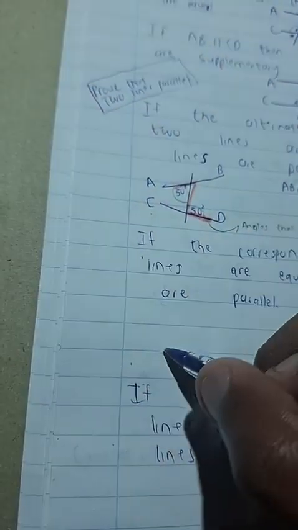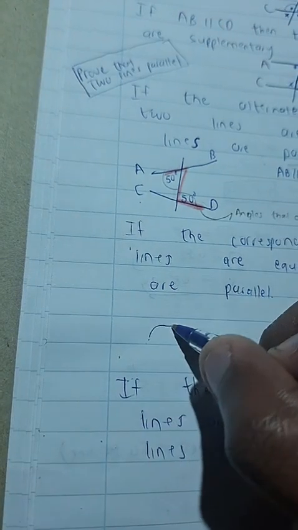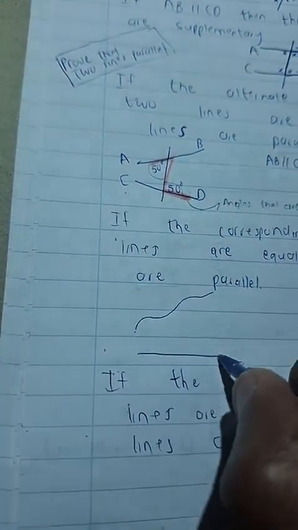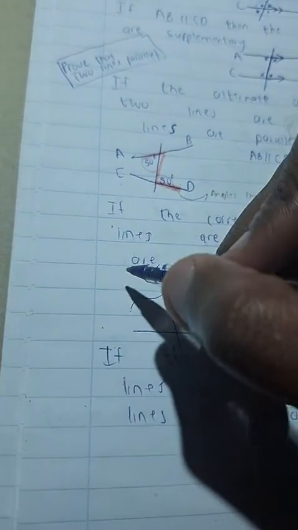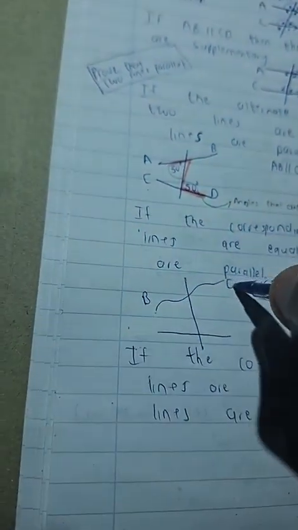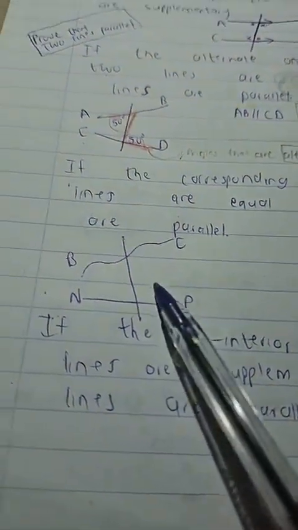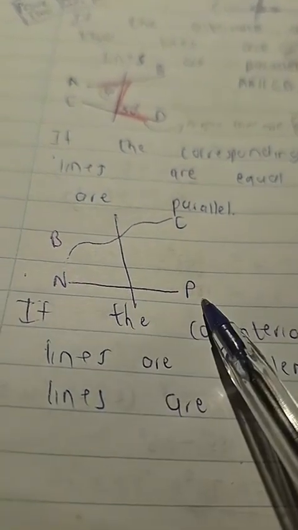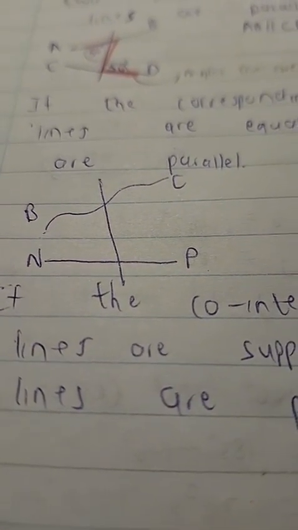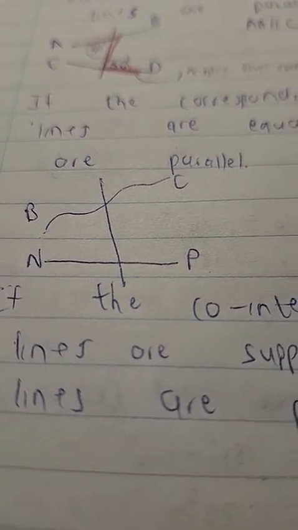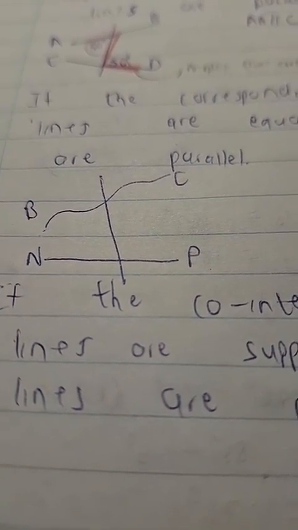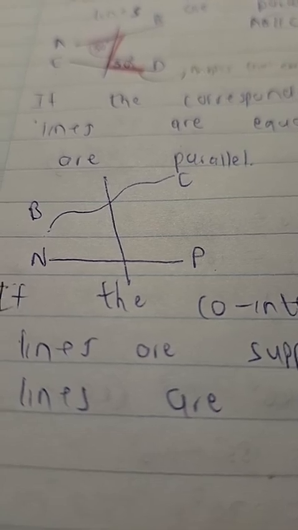So check me out again. So I'm asking this question. Is BC and NP parallel lines? When you look at them, is BC and NP parallel lines, guys? BC and NP, are they parallel?